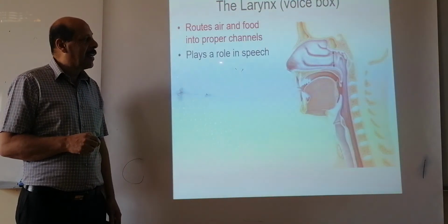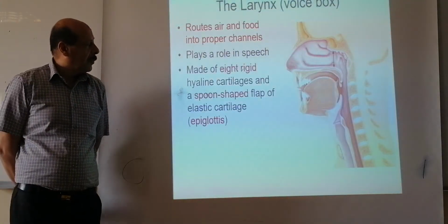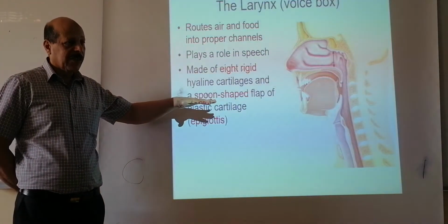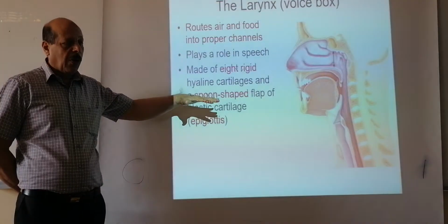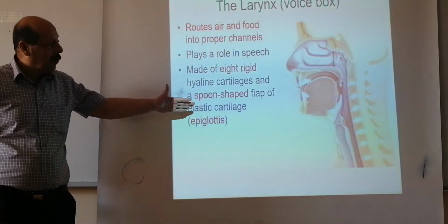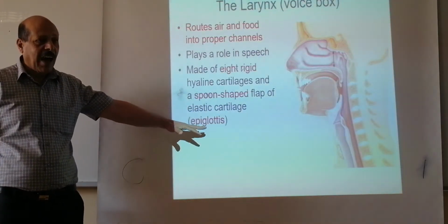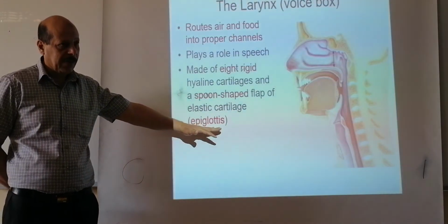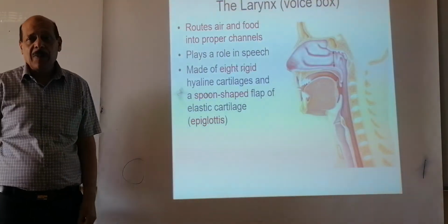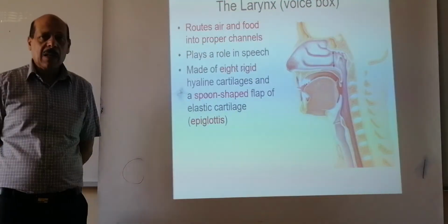It plays a role in speech because it has the vocal cords, and it is made of rigid hyaline cartilage. It is formed from cartilage, and what we call the spoon-shaped flap of elastic cartilage is the epiglottis. The epiglottis is the part that will close the respiratory canal when we swallow.